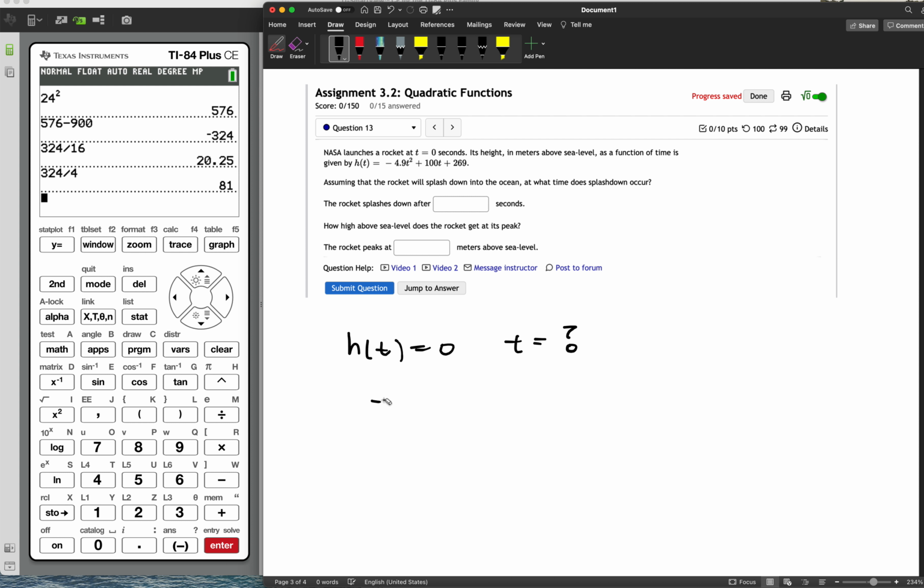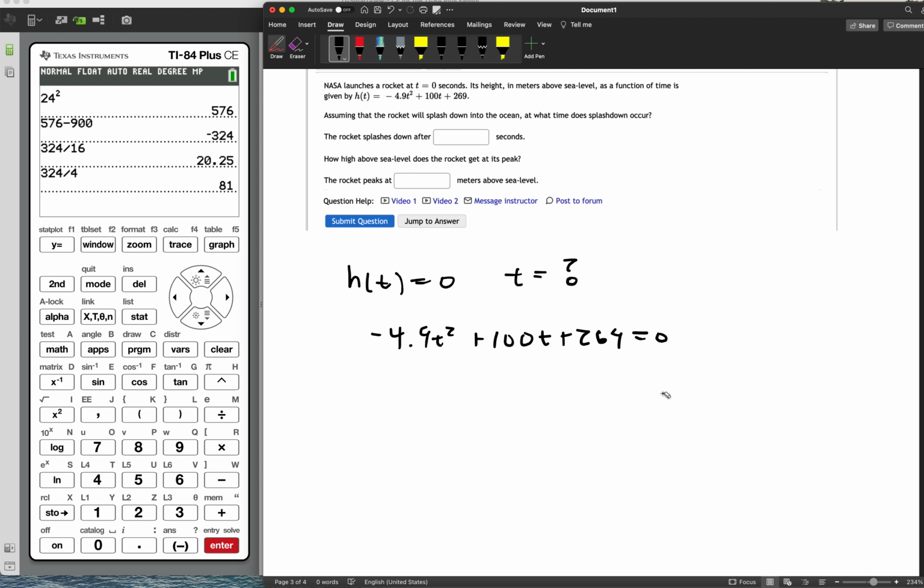Well, you set the quadratic equal to 0, and you solve using the quadratic formula and your calculator.